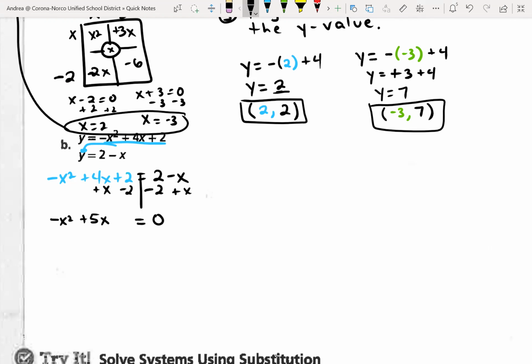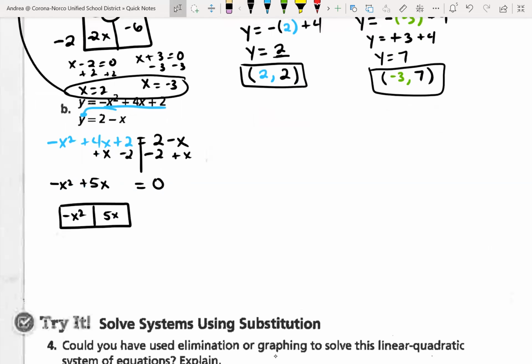Any questions over that? Okay, there's only 2 terms, and they both have an x. When both terms have an x, you find the GCF. Not factor by grouping, but find the GCF. They can both be divided by x, but your first term is negative, so you're going to pull out a negative x.